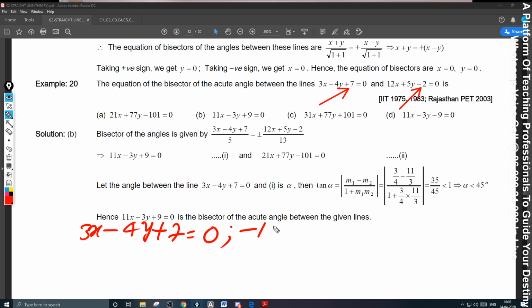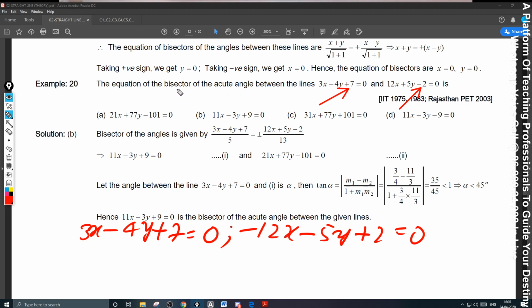What happens? Minus 12x plus 5y plus 2 equal to 0. Now both are positive, you can apply.